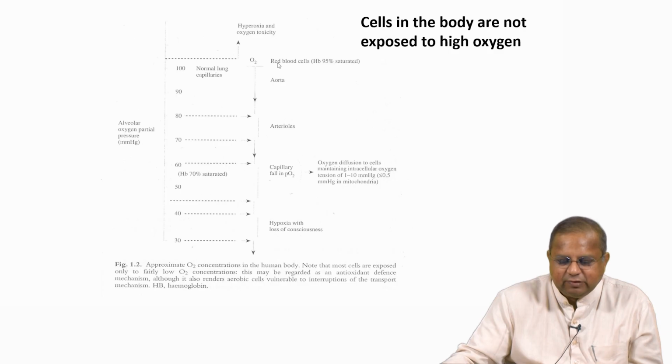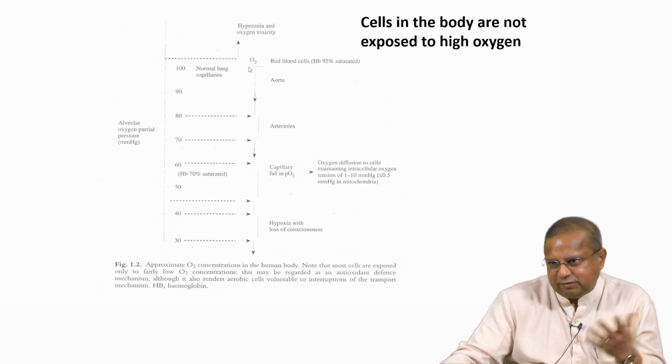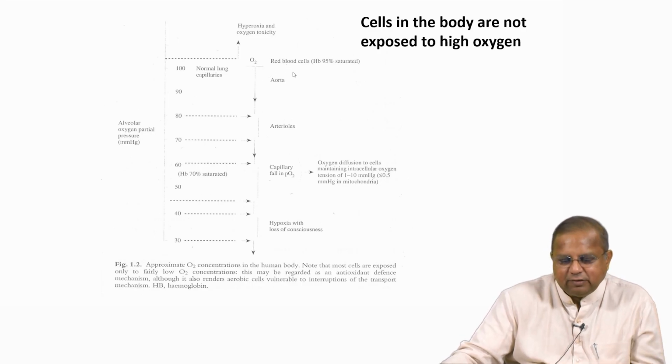For example, if you see here, 100 millimeters of mercury, some measure of oxygen partial pressure. The red blood cells near the lungs it is high, then aorta 80%, arterioles comes down to 80 to 70%, the capillaries is actually only 60 to 70%.